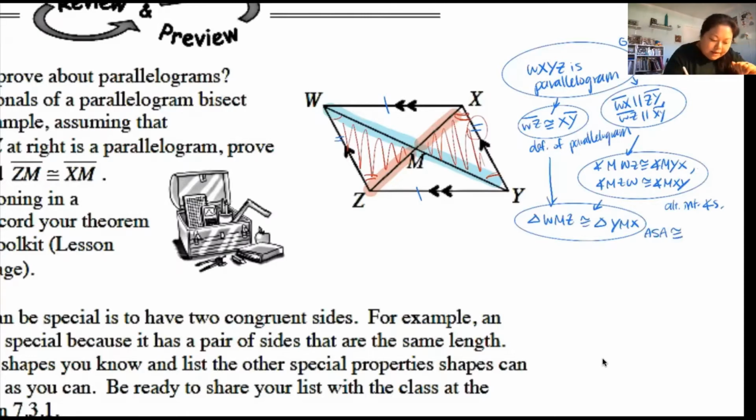And now I can say that WM is congruent to MY and ZM is congruent to MX. Sorry, my boxes are really terrible. My ovals are really terrible today. Okay, and this leads to that because of CPCTC, and that's how we knew that they bisect each other.